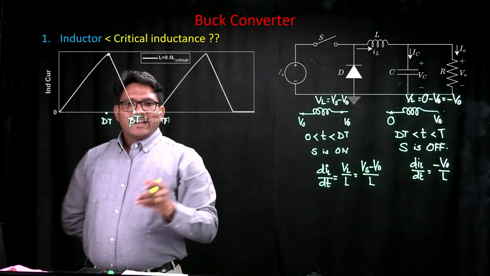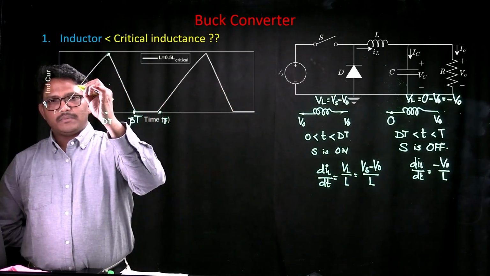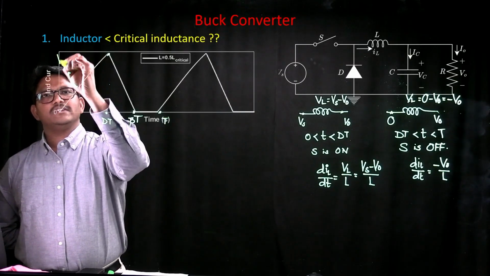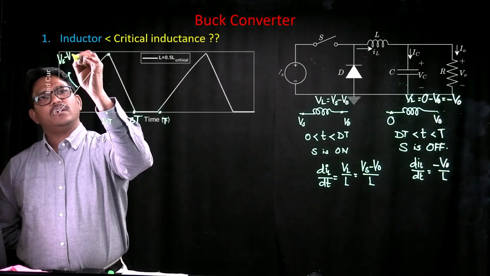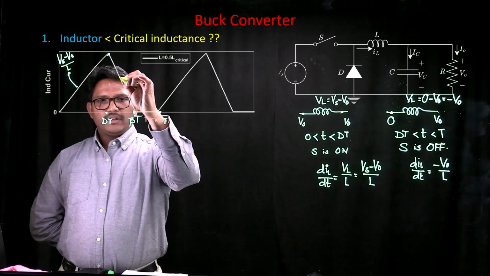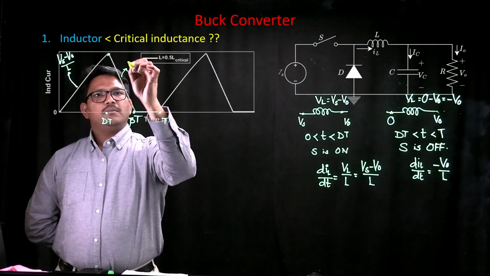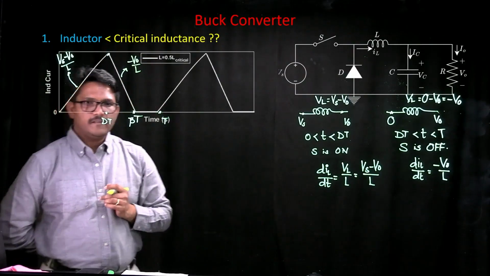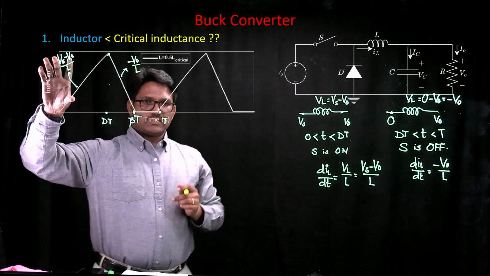So the rate at which your current is changing is nothing but the slope of this current. Now you say that the slope during turn on is Vs minus V0 upon L. Again, the slope during turn off is minus V0 upon the value of inductance. So now you know the slope at which the current is changing.